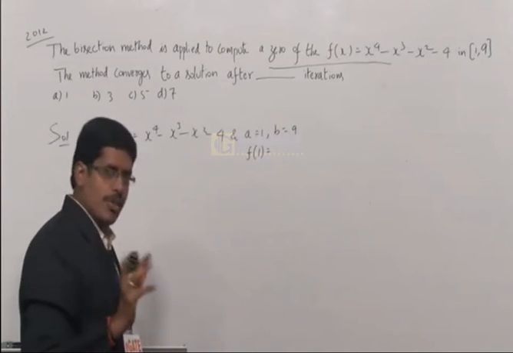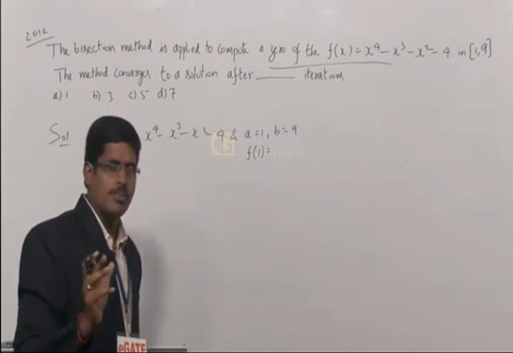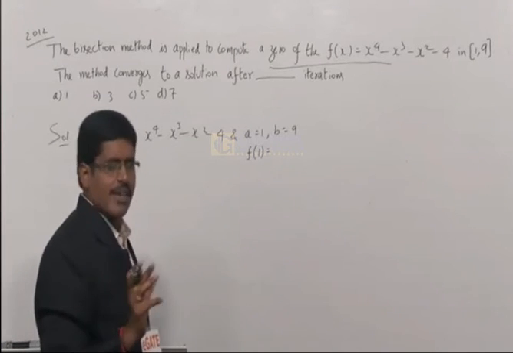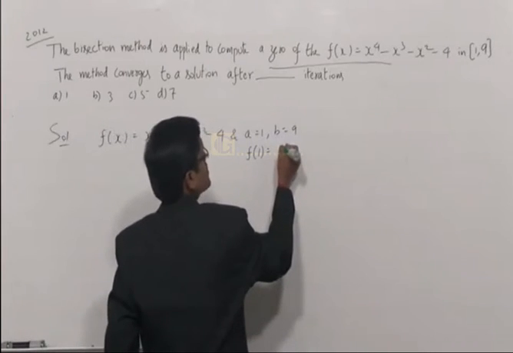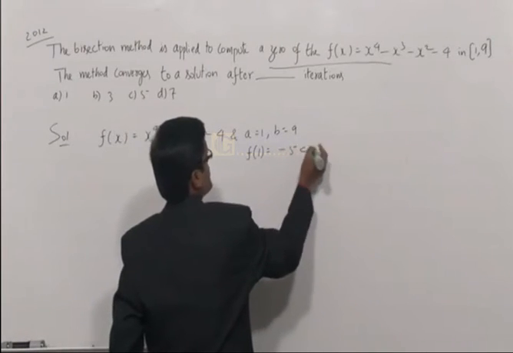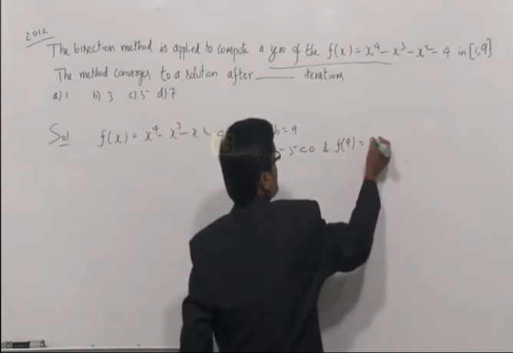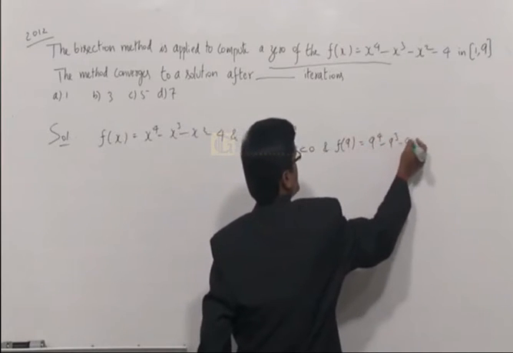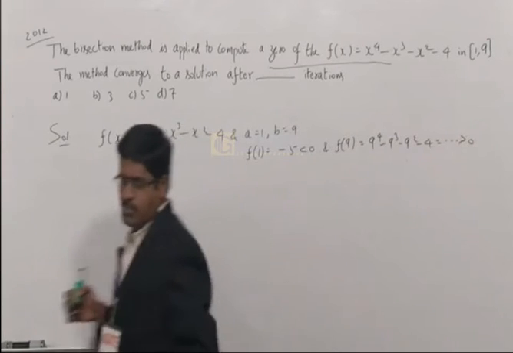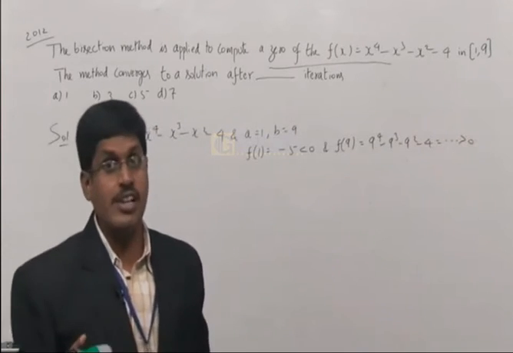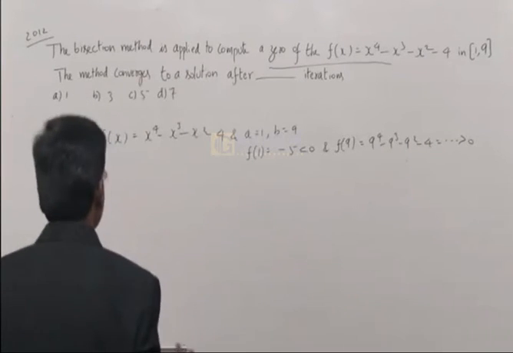Only then can we come to the conclusion that the final answer, that is the root, lies between these x values. f(1) gives 1 minus 1 cancel, minus 5, less than 0. f(9) is 9 power 4 minus 9 cube minus 9 square minus 4, whatever it may be, it is greater than 0. But this method does not depend on the function values, it depends only on the signs. Signs means plus and minus only.